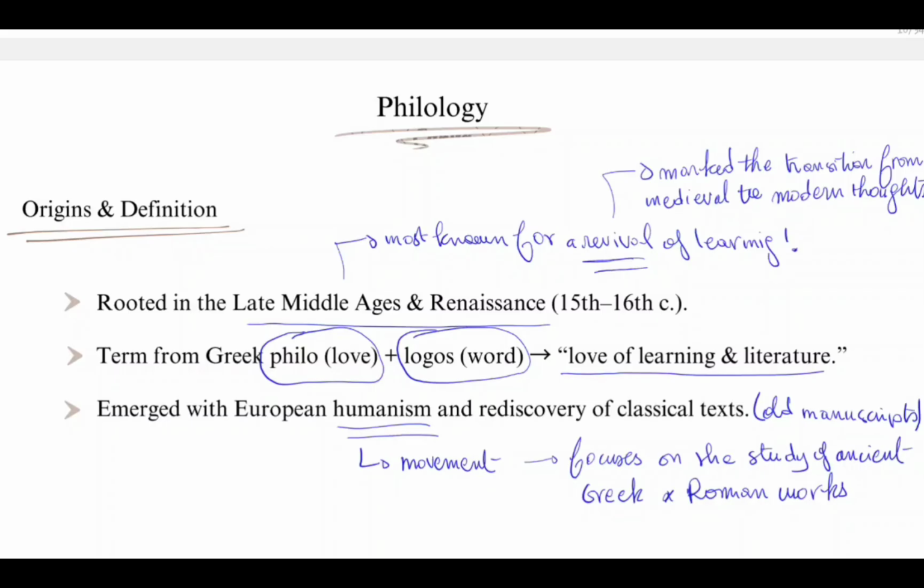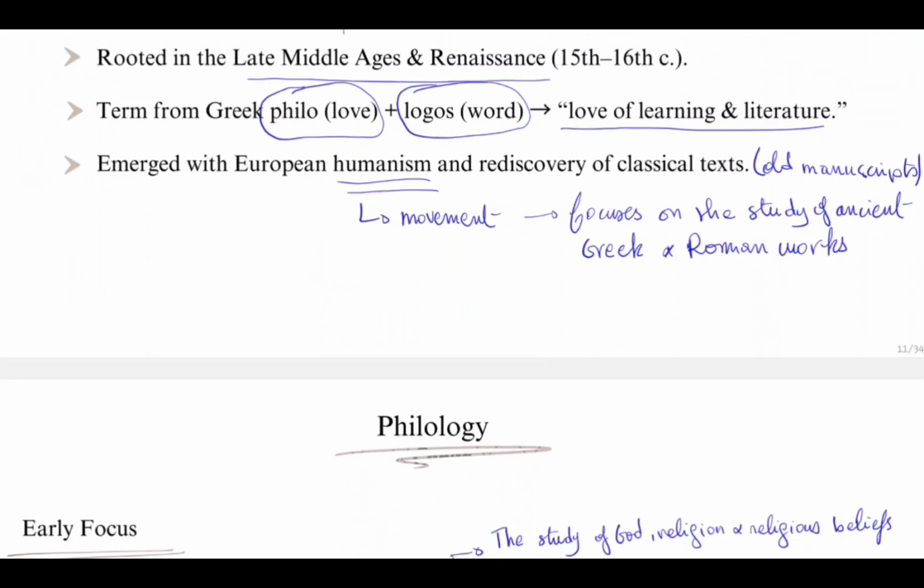It emerged with European humanism, which is a movement that focuses on the study of ancient Greek and Roman works. All right, so again, it emerged with European humanism and the rediscovery of classical texts or old manuscripts.